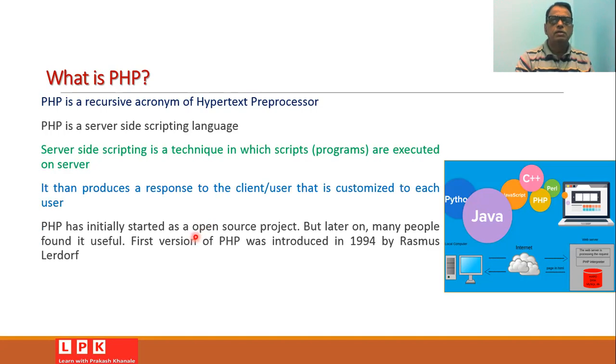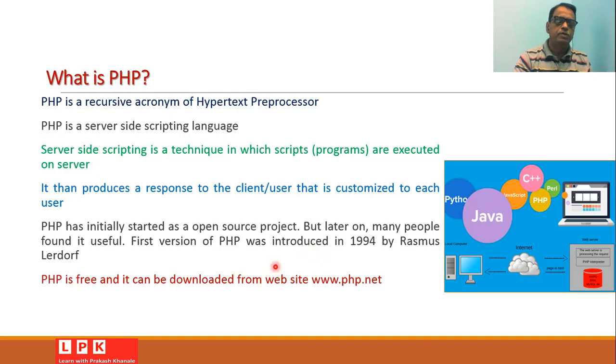PHP was initially started as an open source project, but later on many people found that this environment is very useful, and therefore it was released. The first version of PHP was introduced in 1994 by Rasmus Lerdorf.